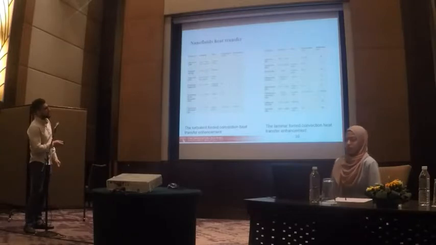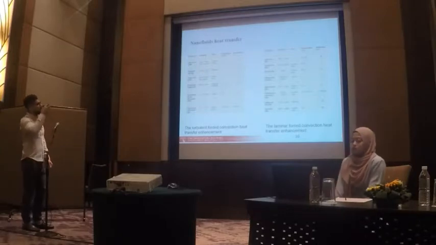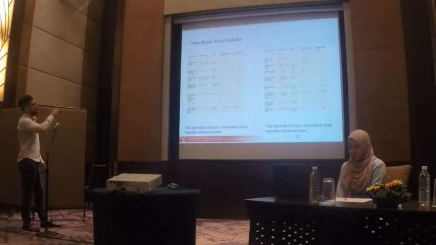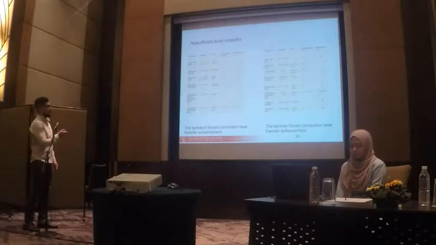And in the laminar studies, we can see that the highest one is by Mr. Putrajaya, using the same nanofluid but with the flattened tube, and the enhancement was 28% in heat transfer.